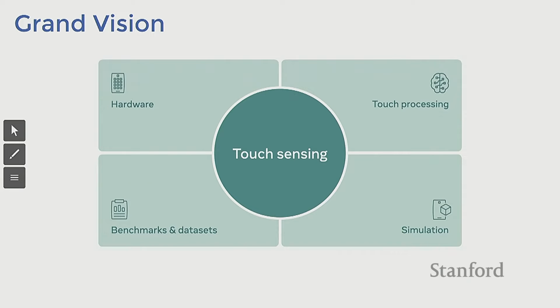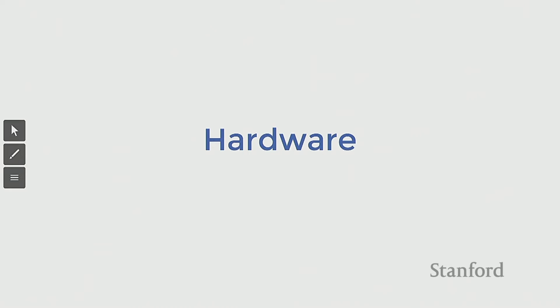We don't have large-scale datasets which are widely available, and these are very important stepping stones for the growth of any scientific community. And finally, I will be talking about applications of touch in the real world, and a little bit about community, which is something that I'm very fond of, and I think it's very, very important. But let's start from hardware.